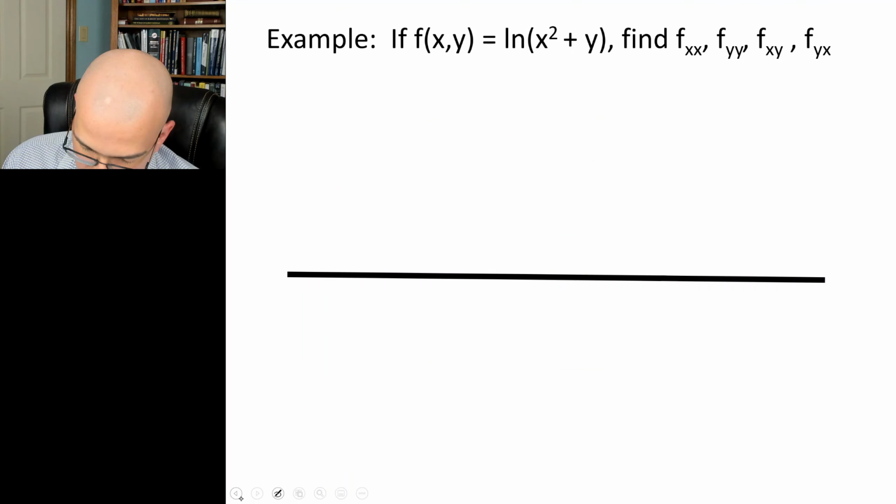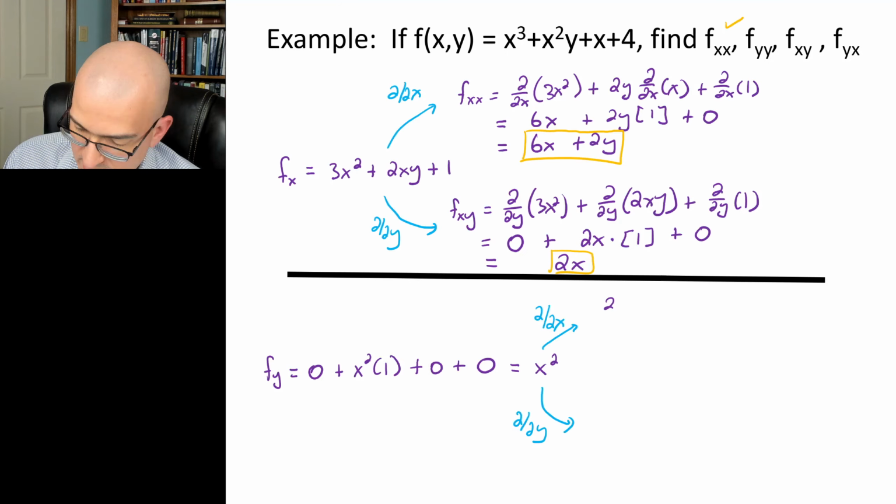We take the x derivative, so we get d by dx of x squared. We get 2x. Oh, and I should give this the name that it has, f sub yx is equal to 2x. Now that's good news.